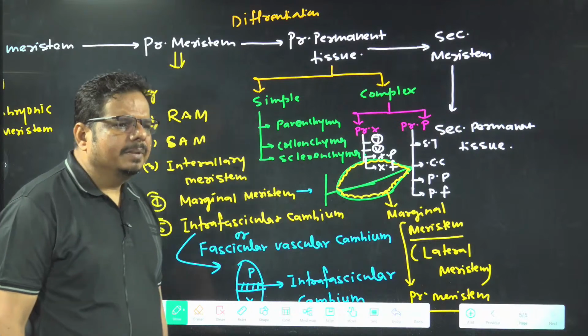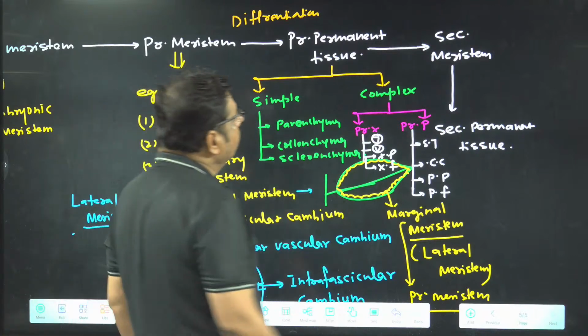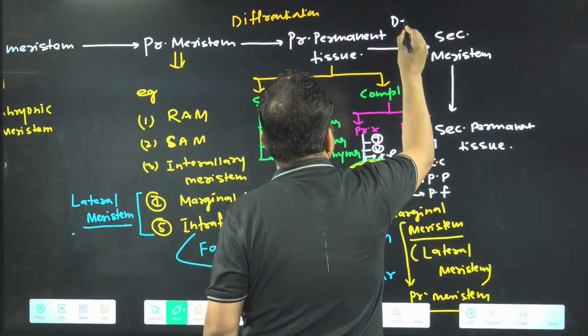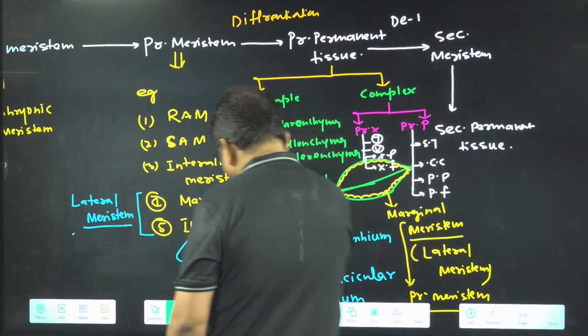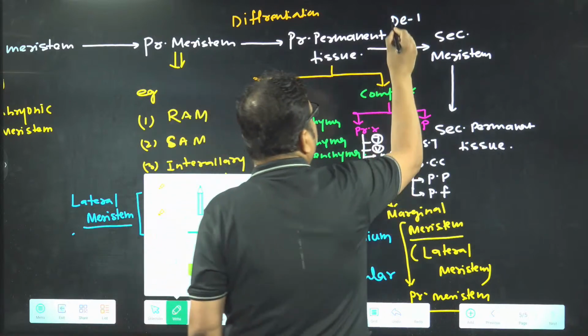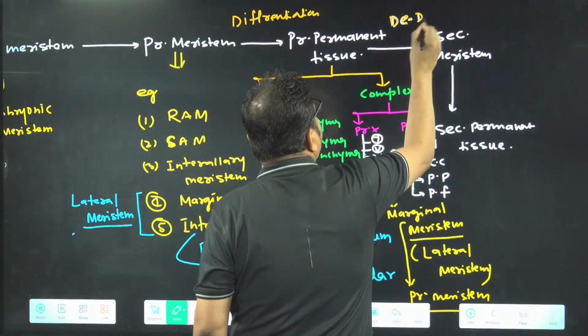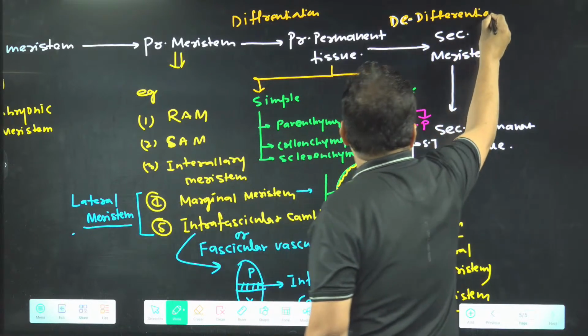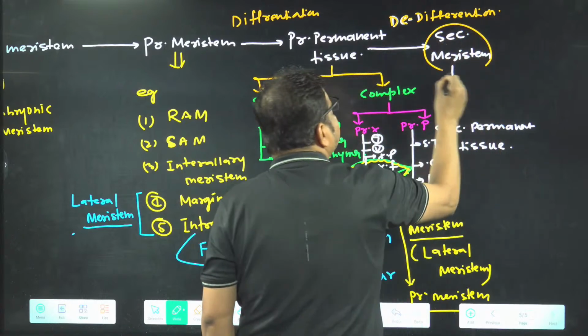And now these primary permanent tissues, by the process of de-differentiation, are converted into which meristem?